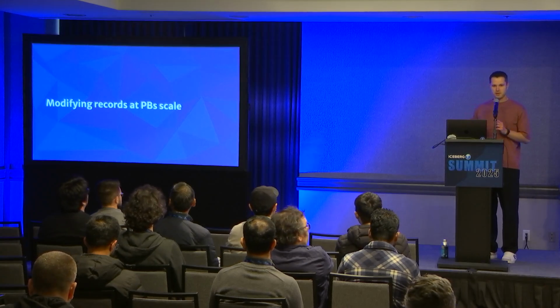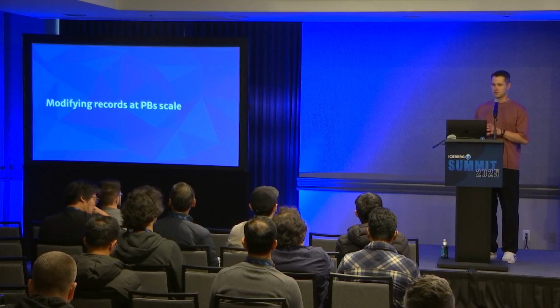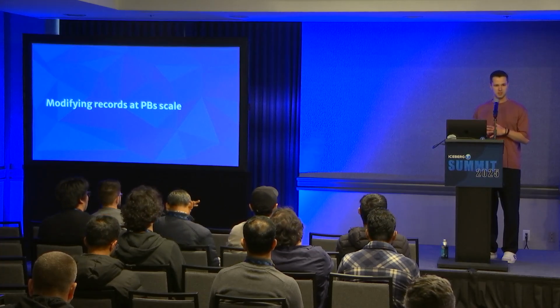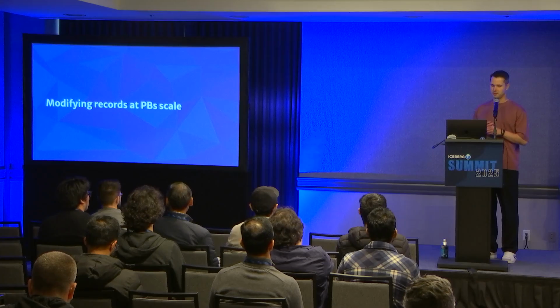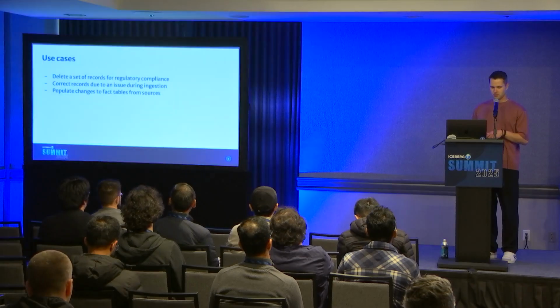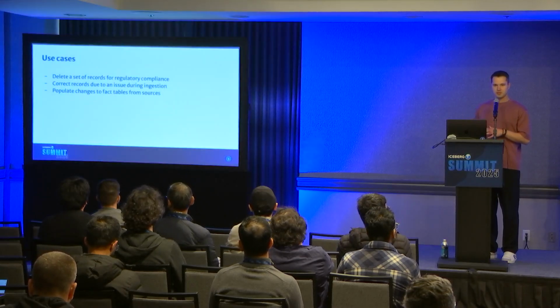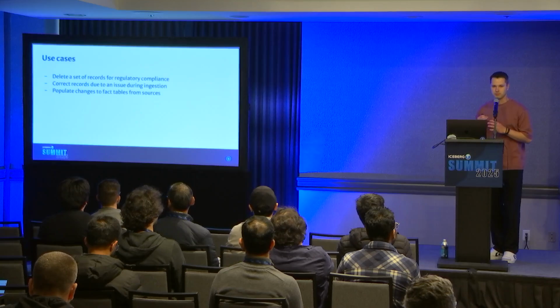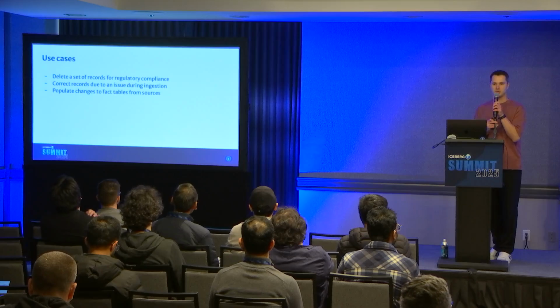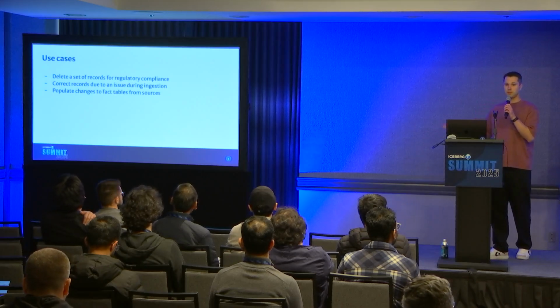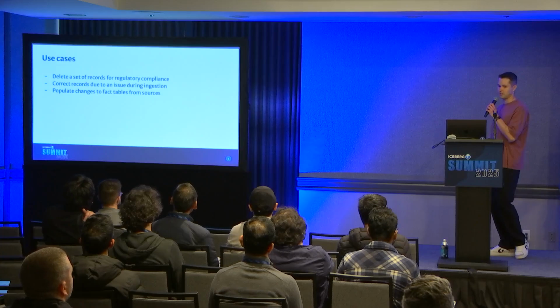The need to modify particular records in tables with petabytes of data is not new. It predates Iceberg in other open table formats. Data engineers always had to remove records for regulatory compliance. They had to correct issues that happened during ingestion, and also to populate changes to fact tables.